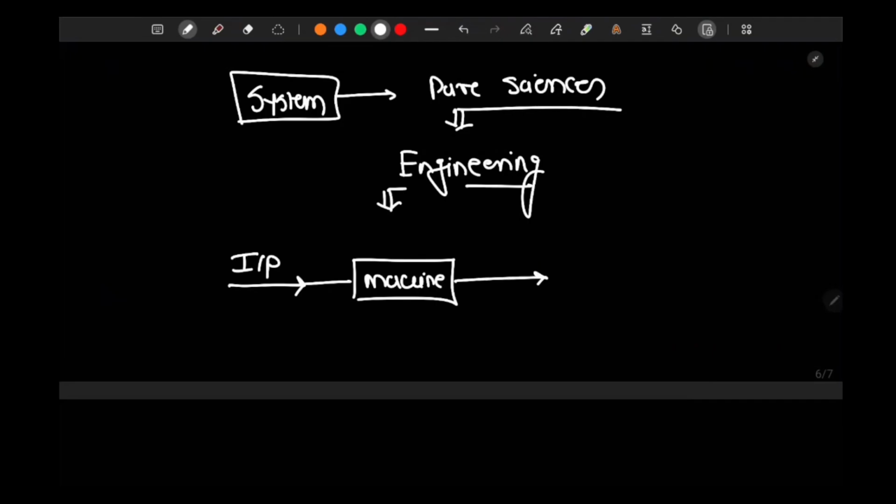That machine gives some output, and based on this output we change our original parameters. This is how usually a project is built across engineering, across STEM courses. There is one input that we give to a particular function, machine, or program, and we expect a particular output. That output is given back to the input again, so that it can be refined again and again. That is the idea.